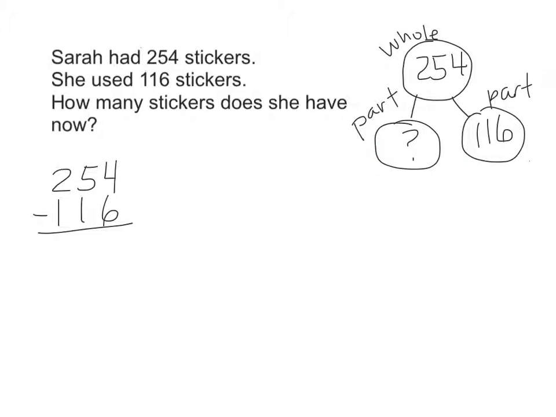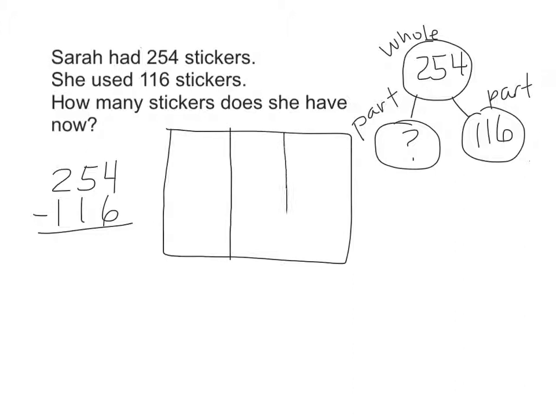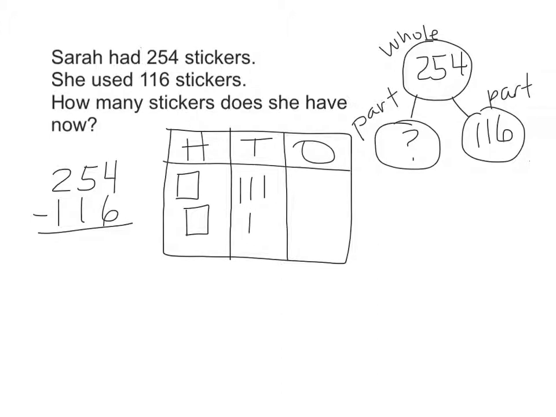Okay, now, next thing we always think is, hey, let me draw my base 10 blocks to show what's going on. And we only draw the whole, the amount that we know we have. Hundreds, tens, ones. How many hundreds do we have in 254? Well, we have 200. How many tens? Okay, 5 tens. 2, 3, 4, 5.